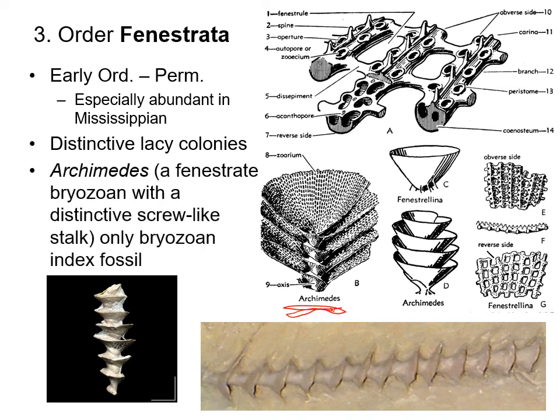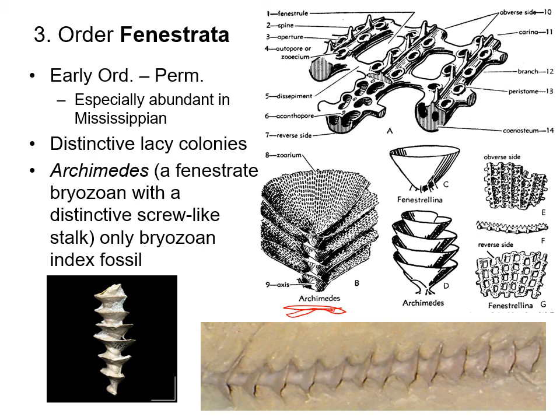Going down the center of the colony, though, we have this screw-like stalk on which the fronds of the Fenestrata actually attach. And what this does is it produces a spiral basket, allowing that zoarium to act as a funnel filter. So as kind of mucky, organic-rich water is flowing through that basket, it slows down as it goes through those small openings, and this allows the bryozoan colony to filter feed off as much organic material as they can get.